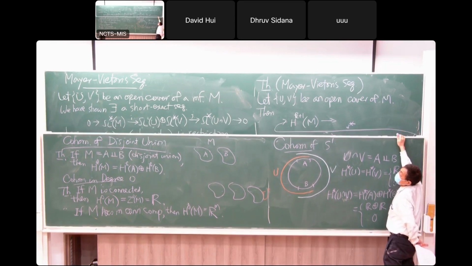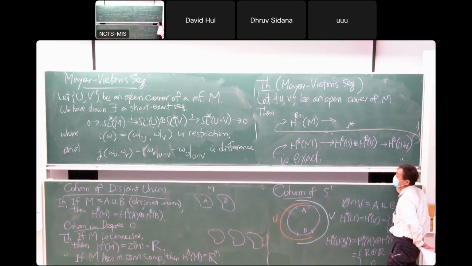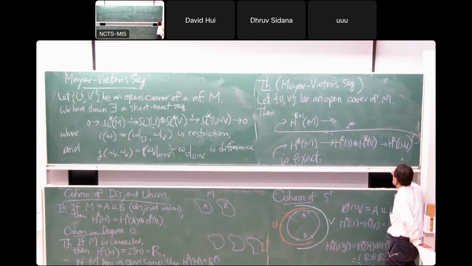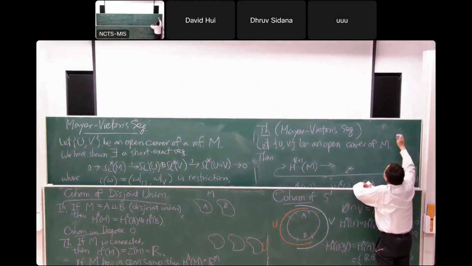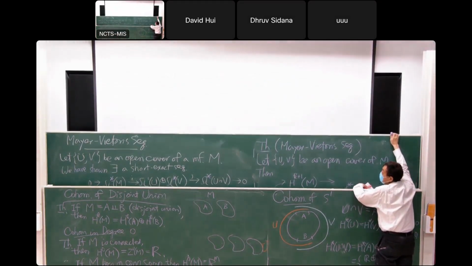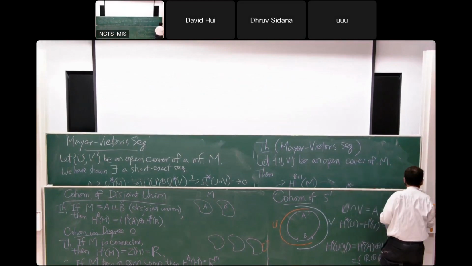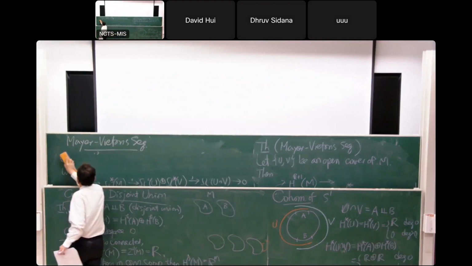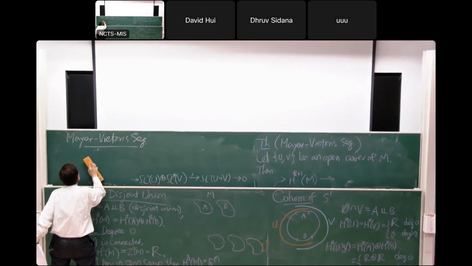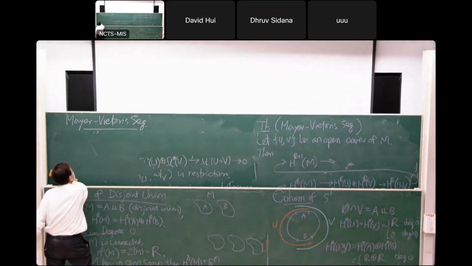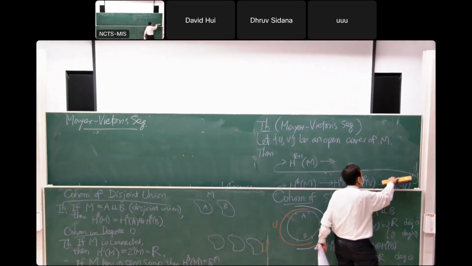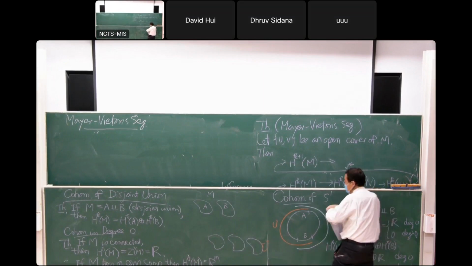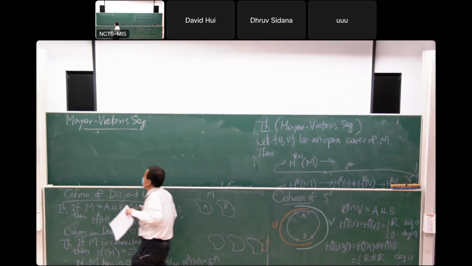And now let's write down the Mayer-Vietoris sequence. So let's see, I'm going to write it this way.